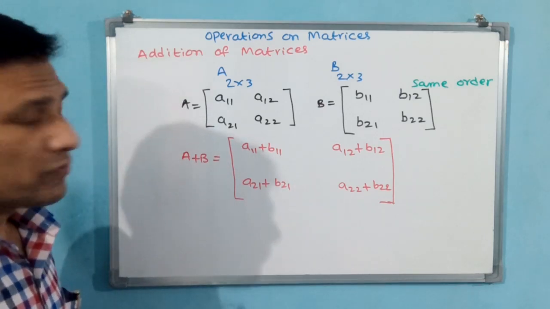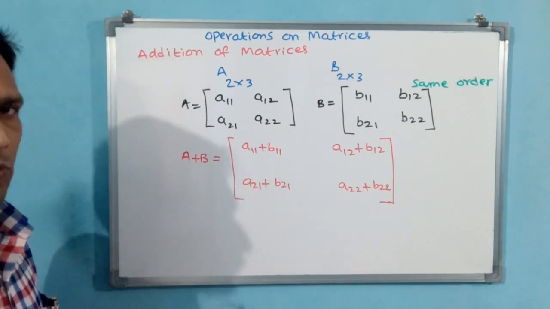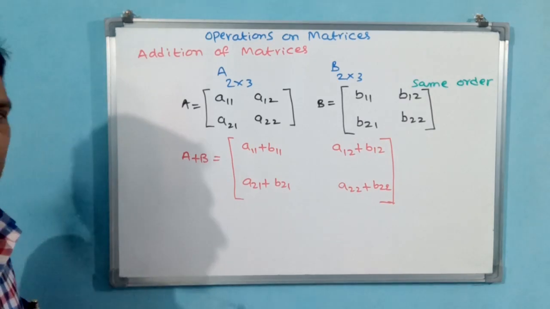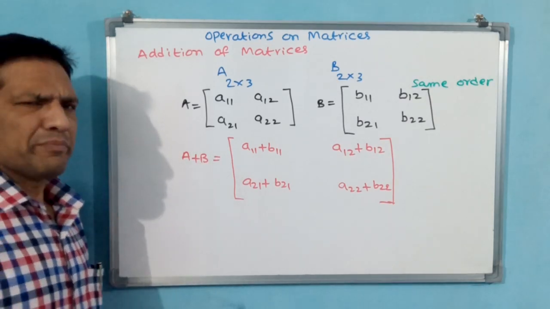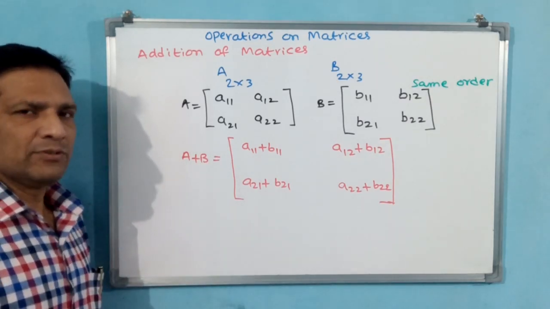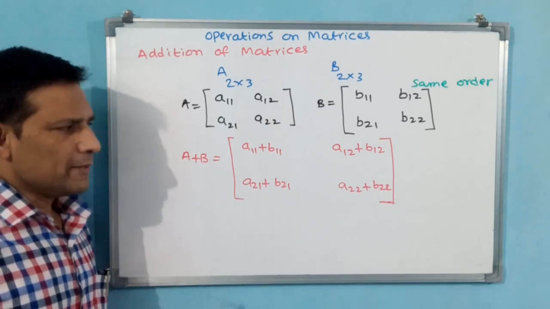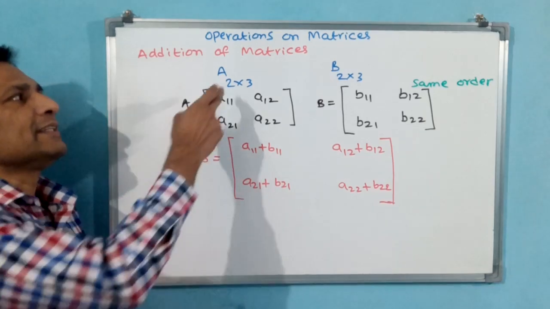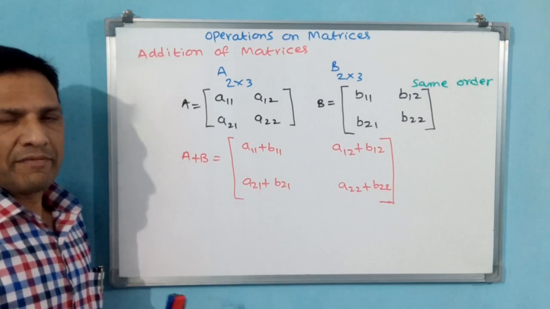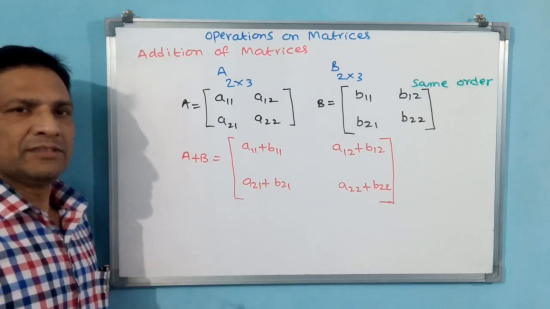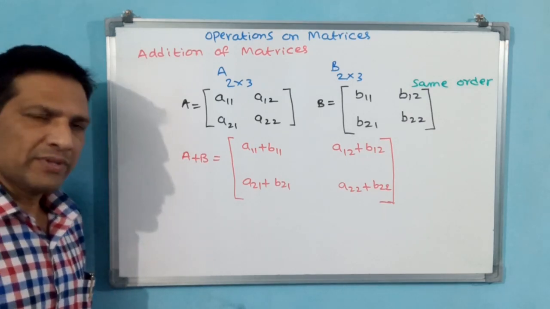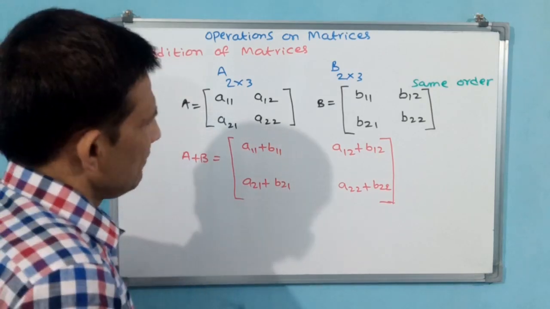The resultant matrix also will be 2 by 2 only. Do you understand? That means in simplest form only you have to add. There is no complexity. But you have to keep in your mind that both matrices should be of same order. Then only you are able to perform the addition, or else you are not able to perform.